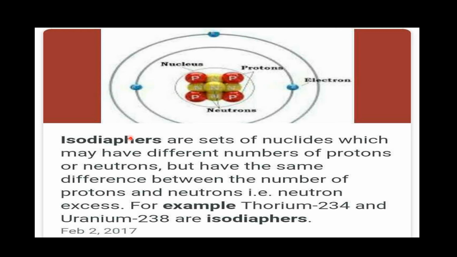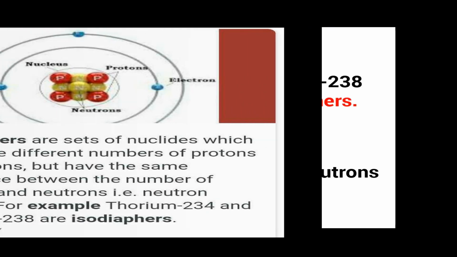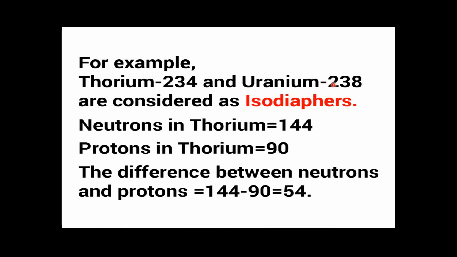It means that isodiaphers are two sets of elements which have the same difference between the number of protons and neutrons. A very famous example of isodiaphers is thorium-234 and uranium-238. Thorium-234 and uranium-238 are isodiaphers because neutrons in thorium are 144 and protons in thorium are 90. The difference between neutrons and protons is 144 minus 90, which is 54. Similarly, in the case of uranium, the difference between the number of neutrons and protons is 54.